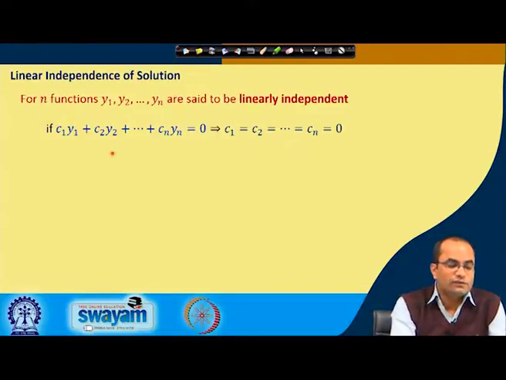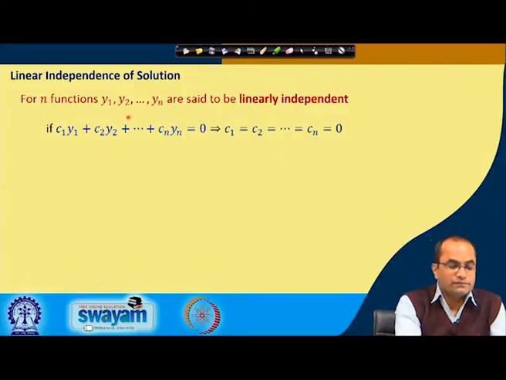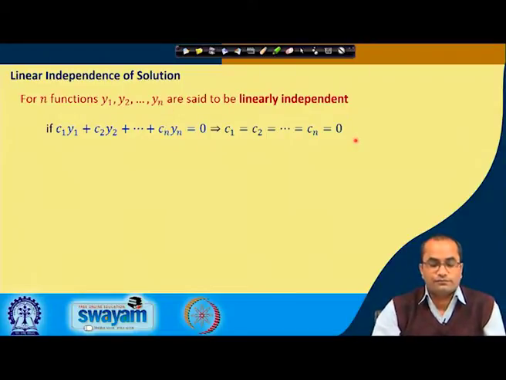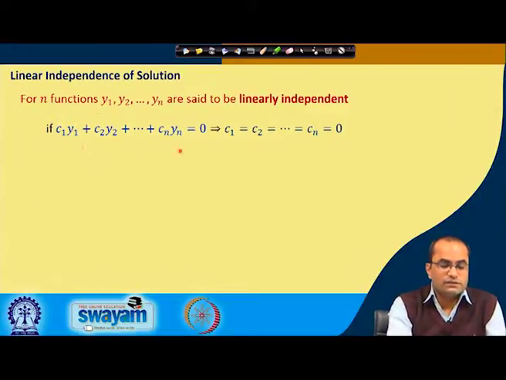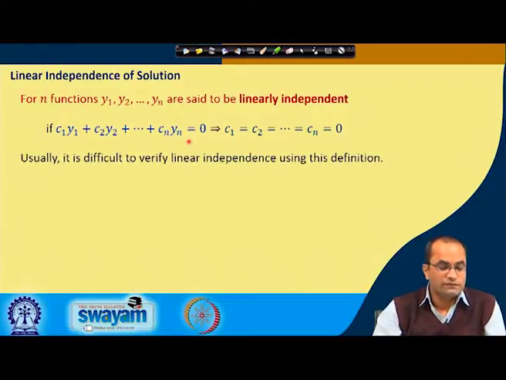If the linear combination c1 y1 plus c2 y2 plus up to cn yn equal to 0 is possible only when all these c's are 0, then we call that these functions are linearly independent. So, again this is a very formal and very important definition for any functions, not only for two functions; we can generalize for given n functions.